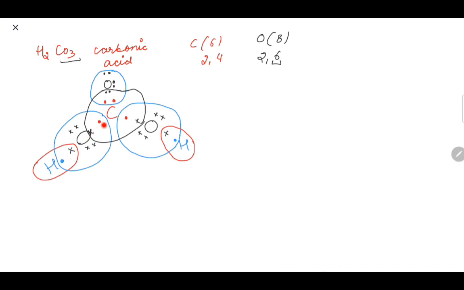So again, single sharing. So carbon has 1, 2, 3, 4 electrons coming from itself because that's the 4 electrons of carbon only. But oxygen's electron would be 1 here and 1 here. So 2 and 3 and 4 from this oxygen. So don't you think carbon has also completed its octet here?